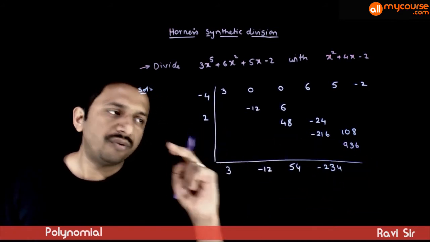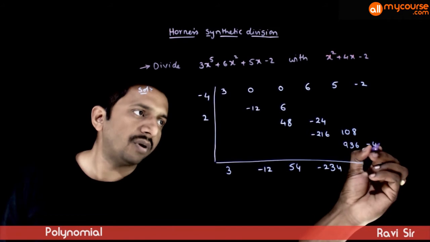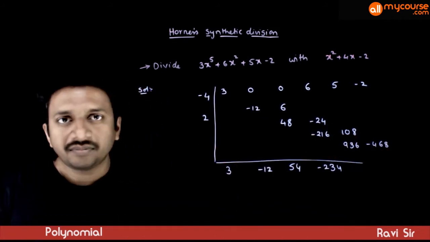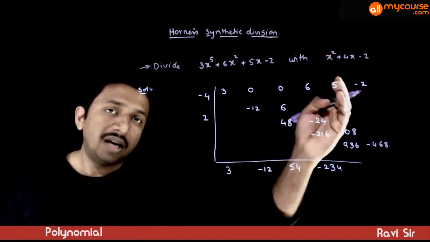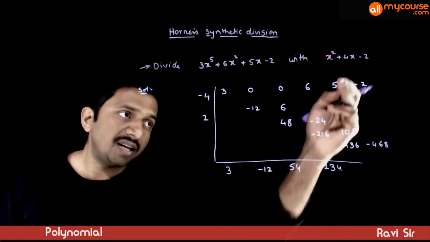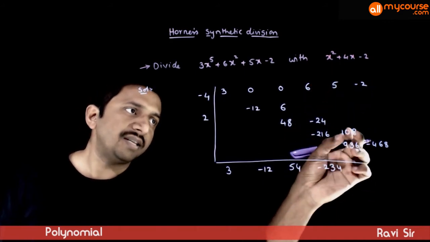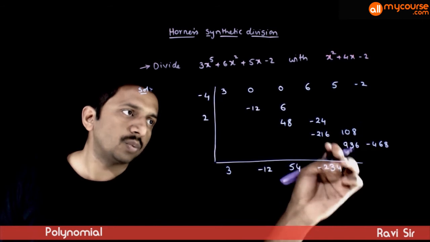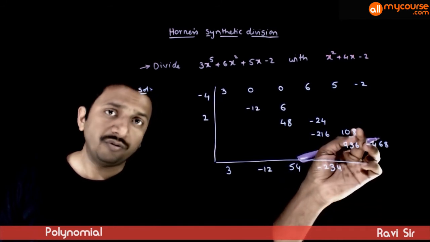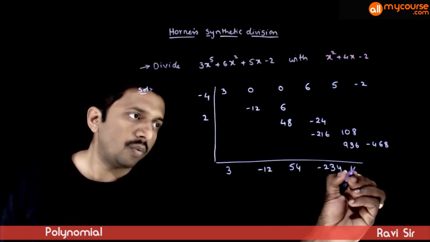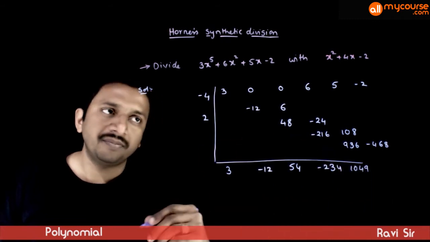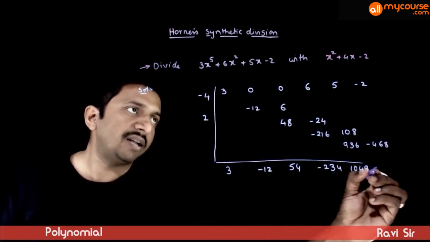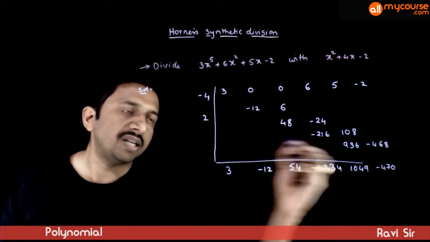And minus 234 into 2 is minus 468. Now the division process is complete. So just add these three. 936 plus 108 is 1044, plus 5 is 1049. And minus 468 minus 2 is minus 470.